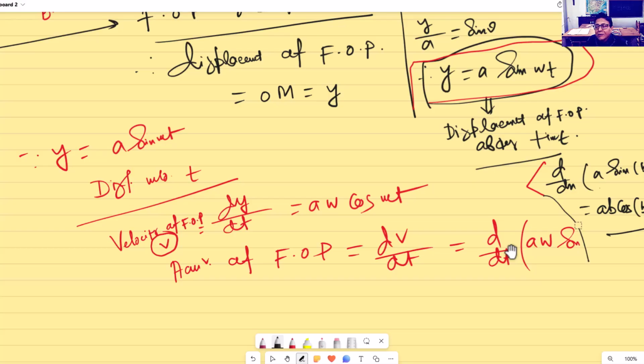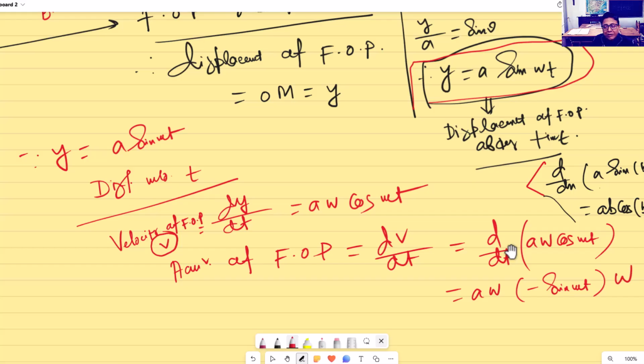So when you differentiate that expression, d by dt of A omega cos omega t, what do you get? In the same way, cos omega t differentiation we have to do. This will give us A omega outside, minus sine omega t into omega. So we write acceleration.